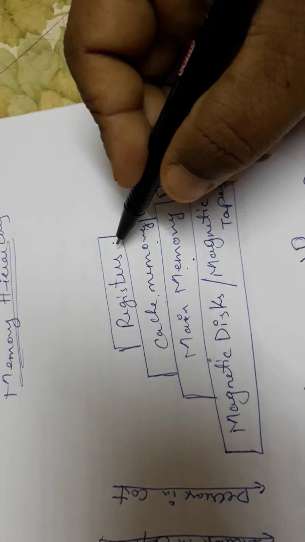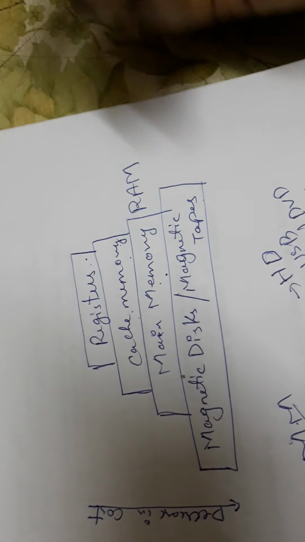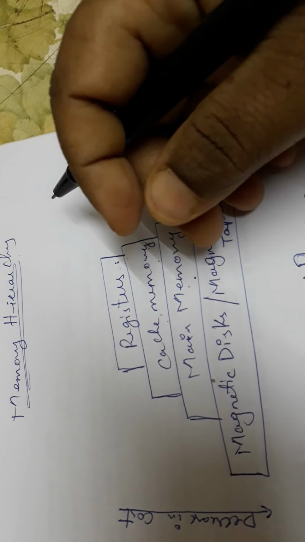By now everybody might have an idea what a register is, because in the previous units we have explored the registers a lot. When you talk about the capacity of a register, it can hold hardly one word of data at one point of time.